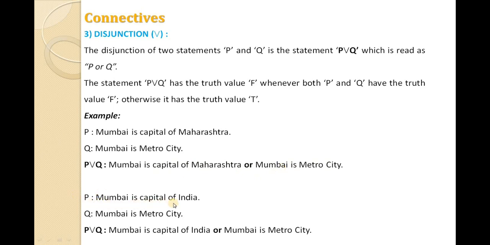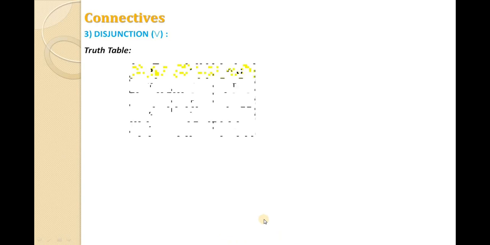The second example is P: Mumbai is the capital of India and Q is Mumbai is a metro city. The statement is Mumbai is the capital of India or Mumbai is a metro city. Mumbai is the capital of India, that is false, and Mumbai is a metro city, that is true. False or true, that is true, because for the OR condition, if anyone is true, then your final conclusion is true.